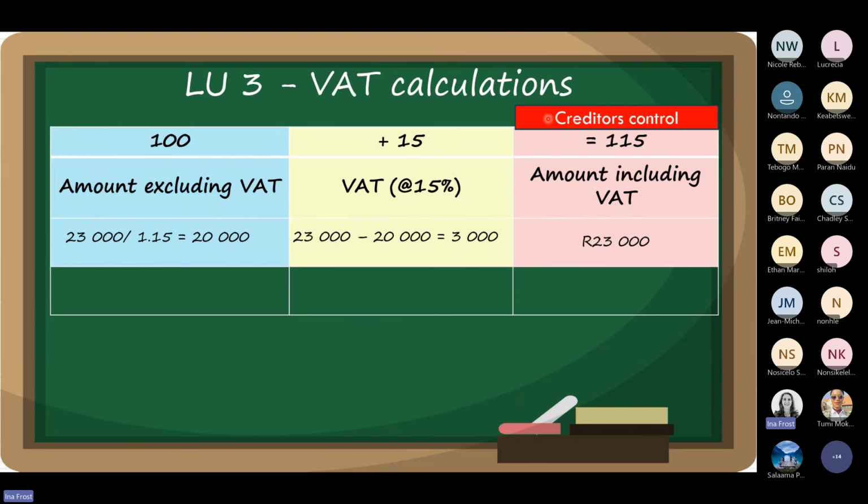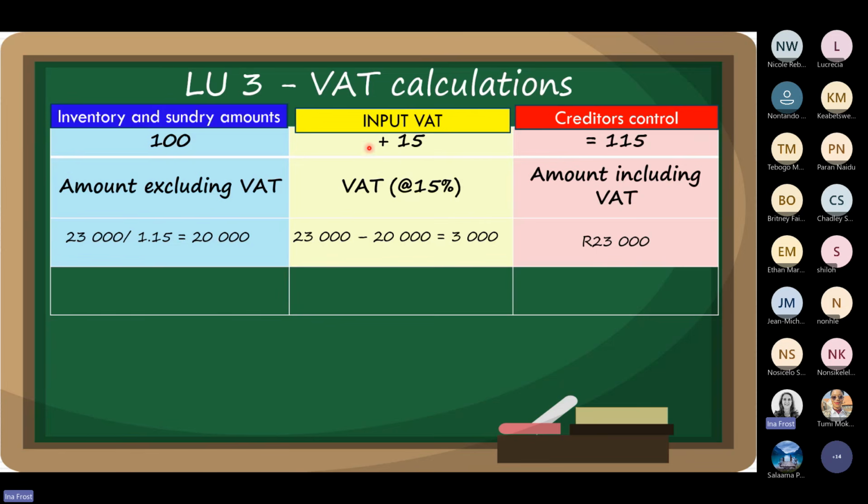That is the amount that's going to be in your creditors column. So that is the 115, the amount including VAT. The amount excluding VAT, that's the amount that sits in your inventory and sundry amounts columns. And then, of course, the 15% VAT, that is the amount that you're going to put in your input VAT column. Just a quick reminder in terms of your VAT calculations.